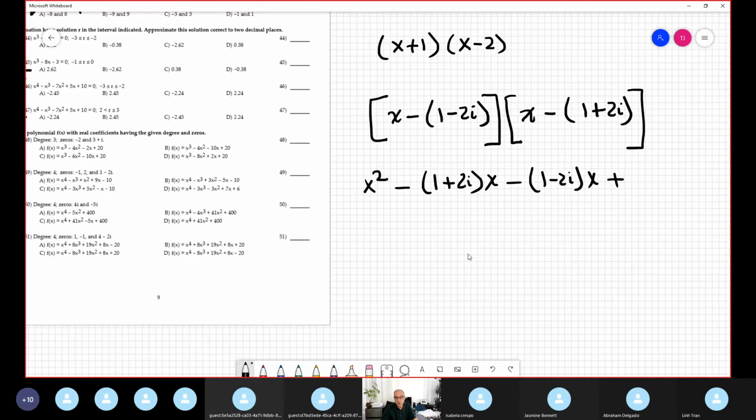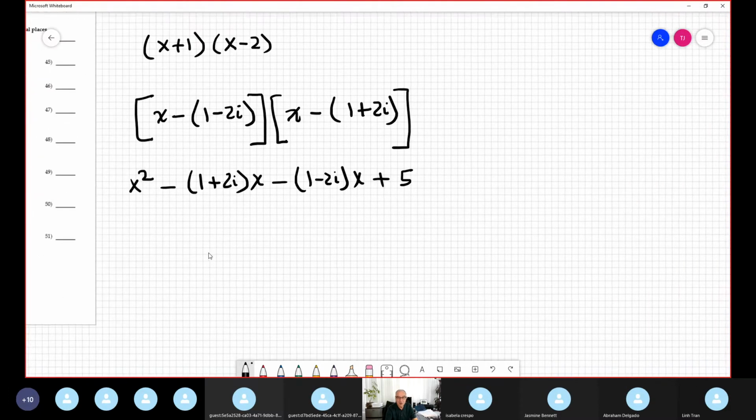The shortcut is 2 times 2 is 4, 1 times 1 is 1, so 5. Yes or no? Do you understand the shortcut very well? Honestly, say yes or no. Can you go over it again? Okay, over again.